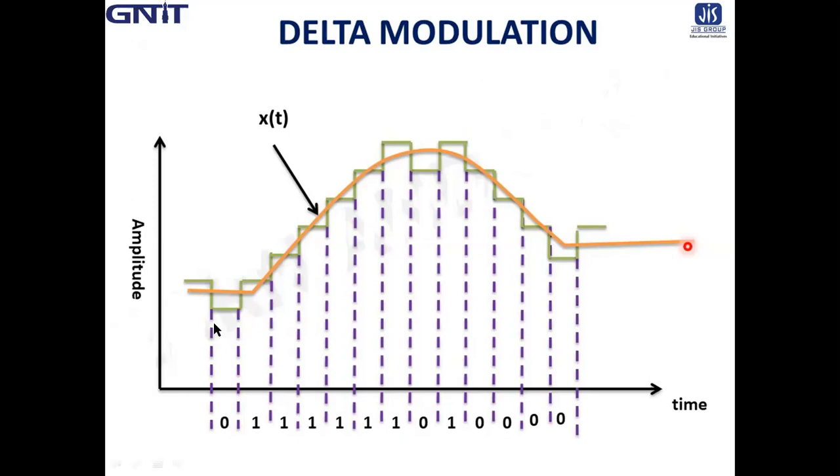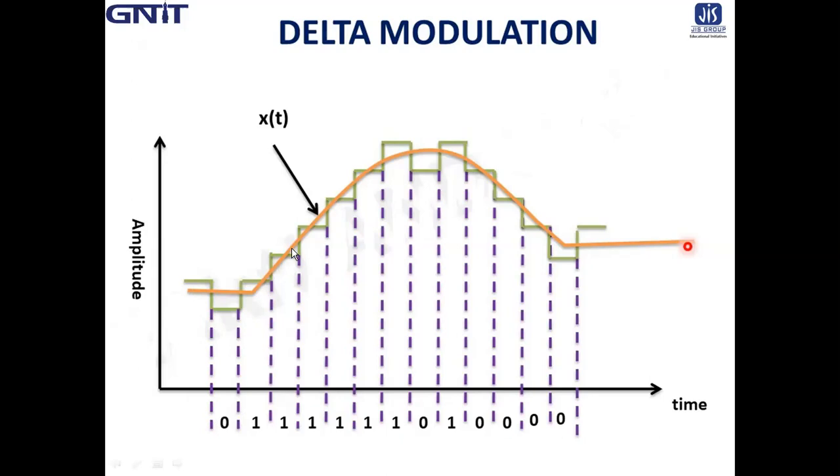So the first sample is lower than the previous sample, say, then binary 0 is transmitted. Then the next sample is higher than the previous, then binary 1 is transmitted.